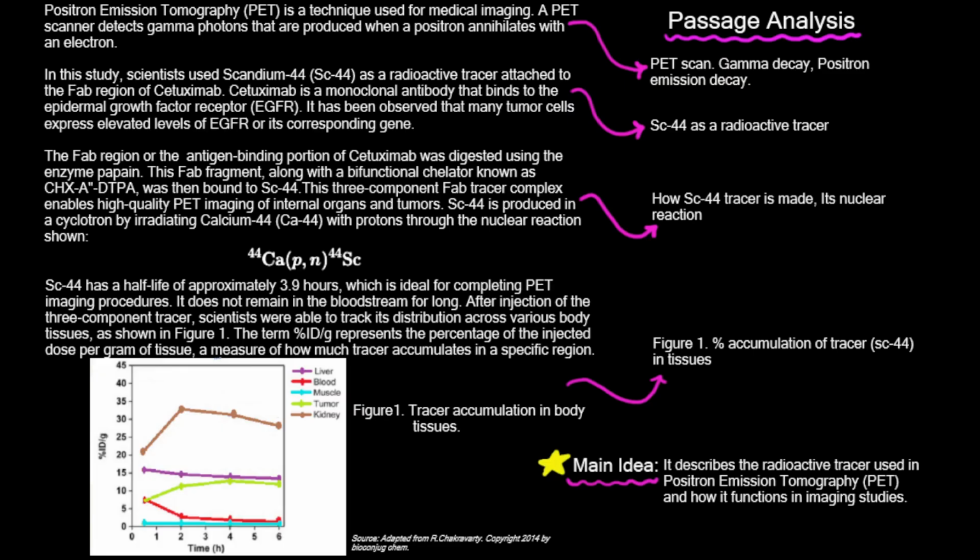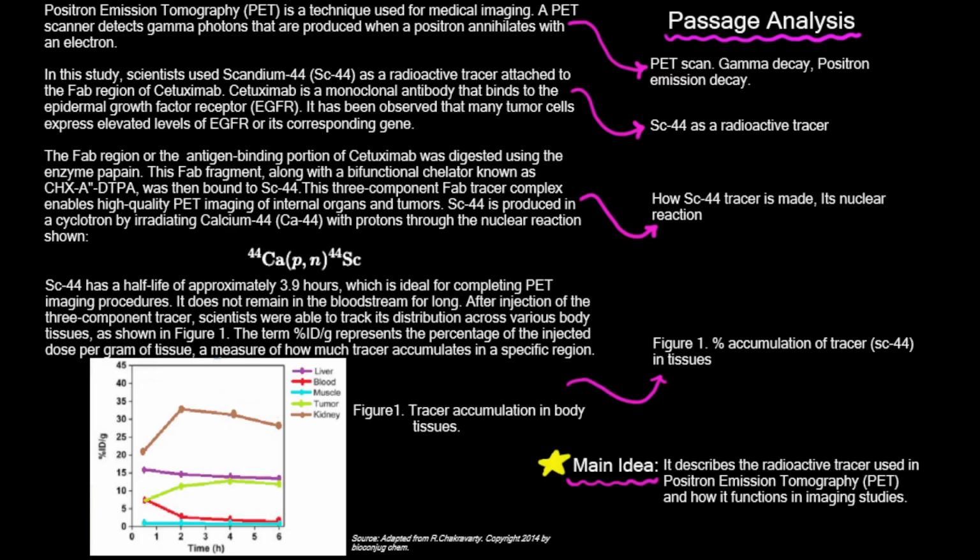It has been observed that many tumor cells express elevated levels of EGFR or its corresponding gene. When you read this paragraph, you should recognize that the passage is shifting focus to the tracer used in the PET scan. Since scandium-44 is introduced here, make sure that you highlight it. This paragraph introduces new information, so note where it appears.